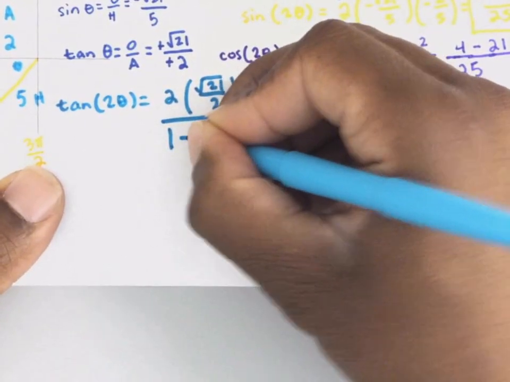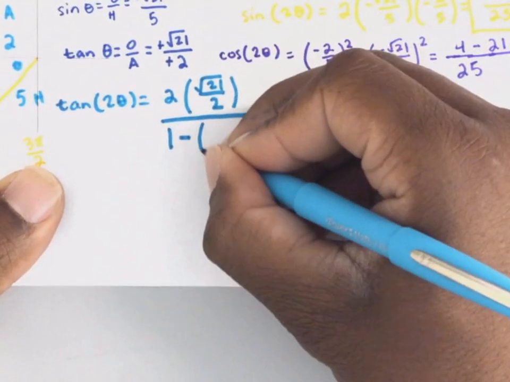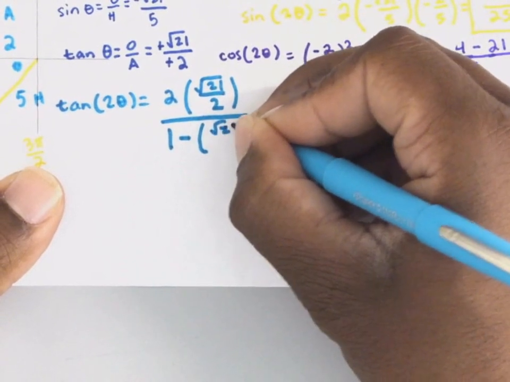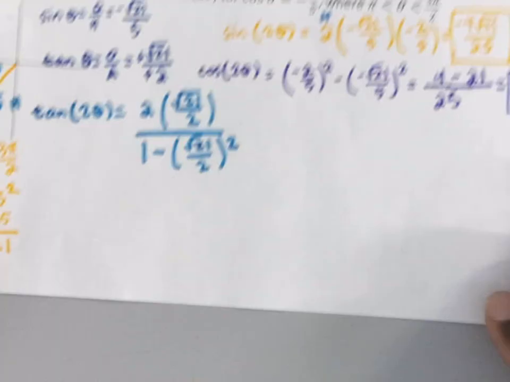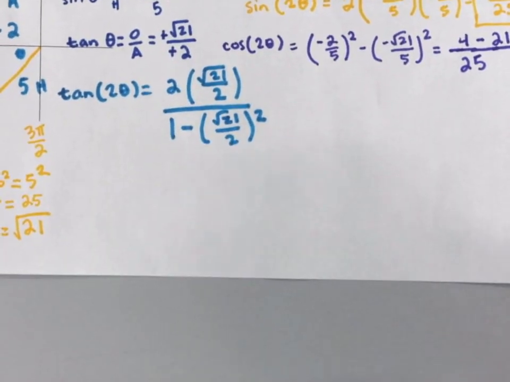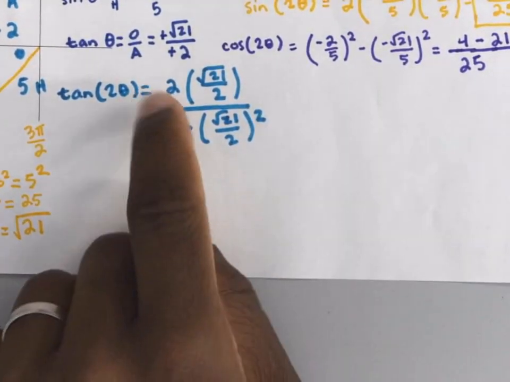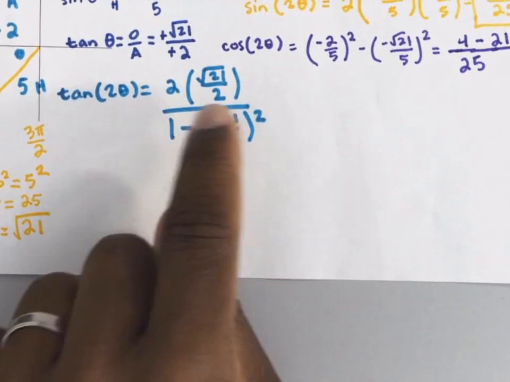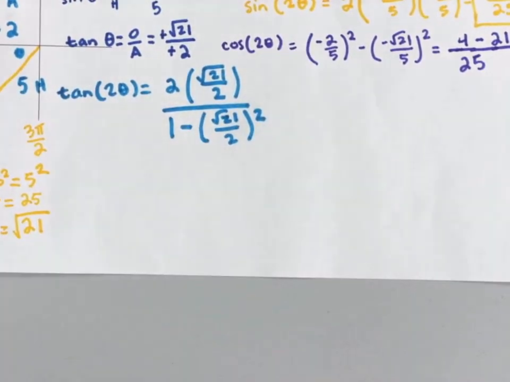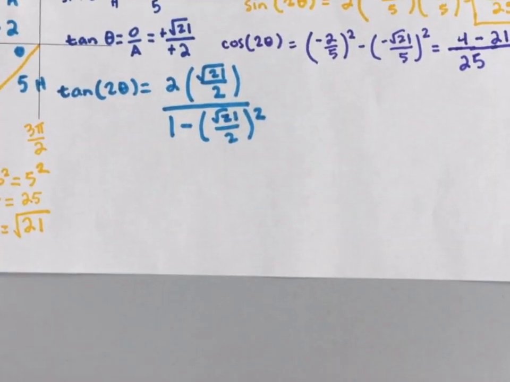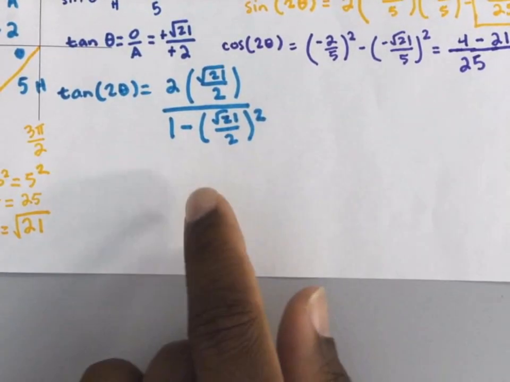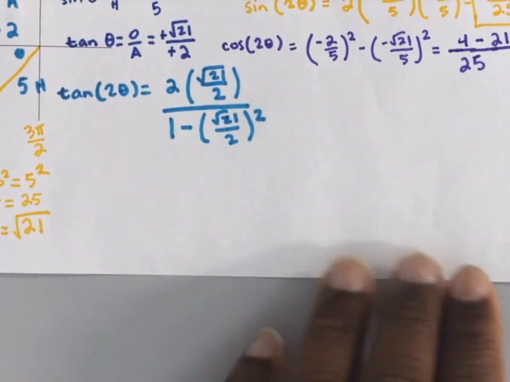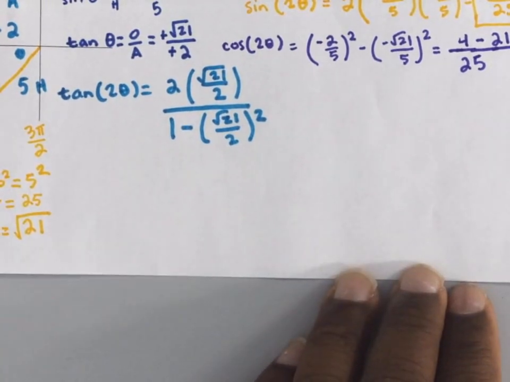So 1 minus root 21 over 2 squared. Now this one's nice. Since both of these numbers will cancel out, I'll go ahead and cancel these out. And it gets rid of one of my fractions, making my life a little easier. I just need to simplify the bottom. Everybody okay with where these numbers came from?